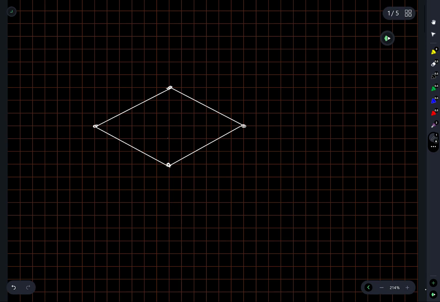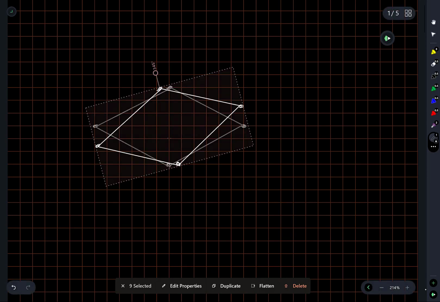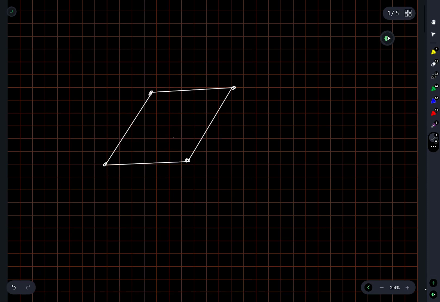Maybe I should draw this with the axes parallel to my graph paper, like this. It's not quite exactly parallel, but close enough, I guess. And now the obvious thing to do.